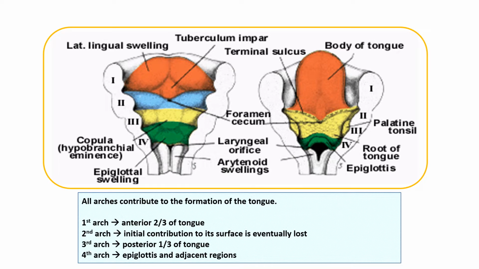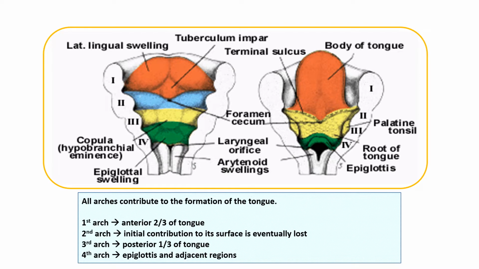Specifically, if we look at the anterior 2/3 of the tongue, the orange part here, the tongue appears in embryos as 2 lateral lingual swellings, and you have 1 medial swelling in the region of the anterior 2/3.